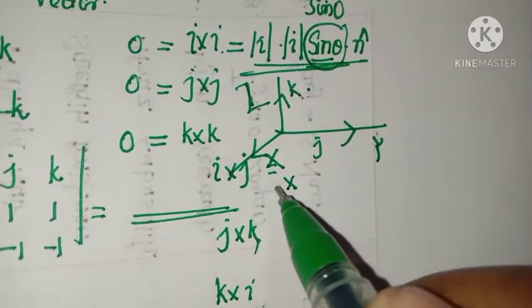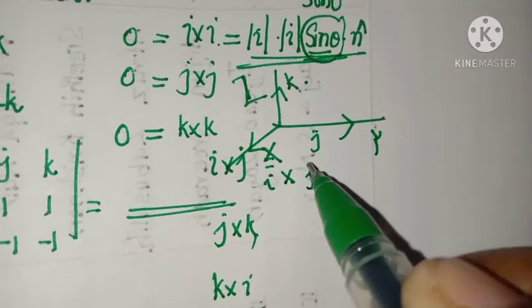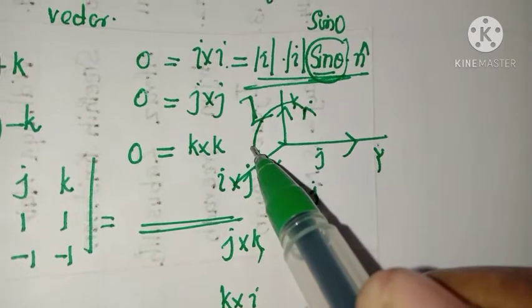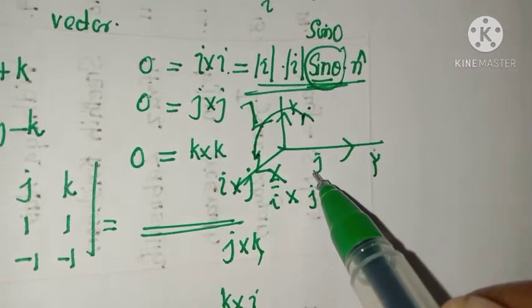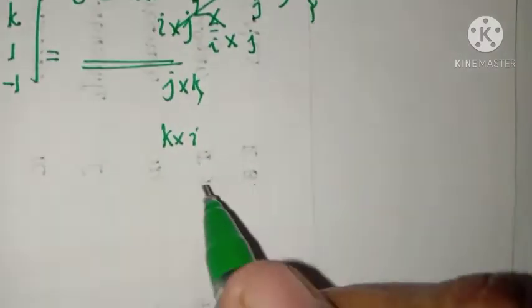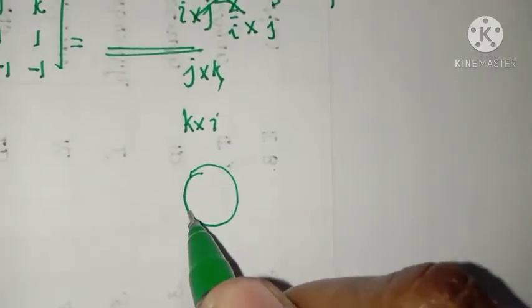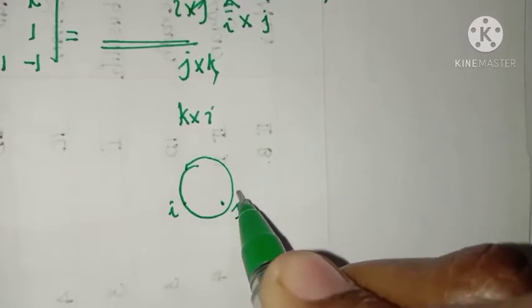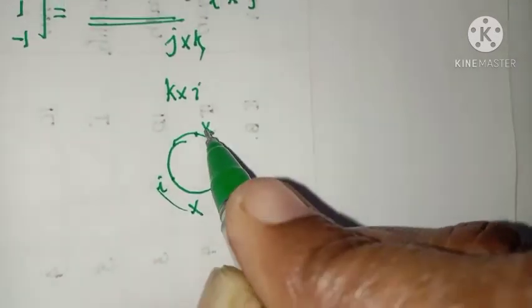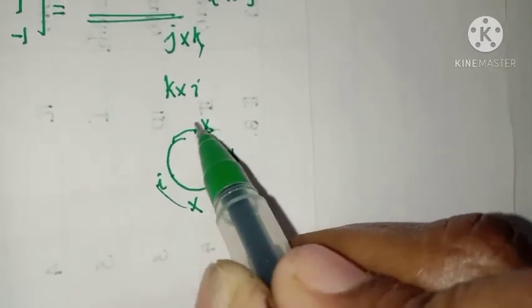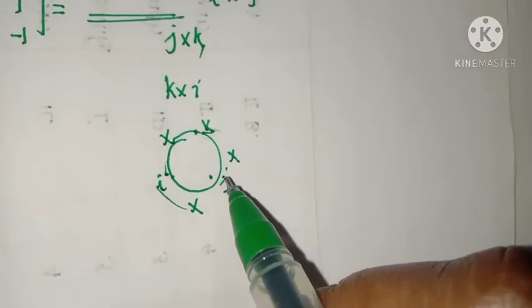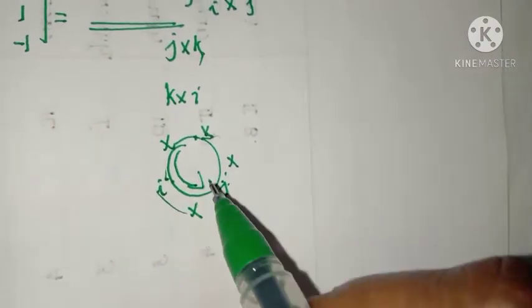If we take i cross j, this is equal to k. k cross i is equal to j. j cross k is i. Just like a rotation, i, j, k. This is in the anti-clockwise direction.